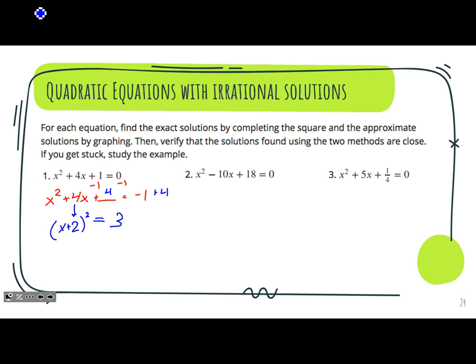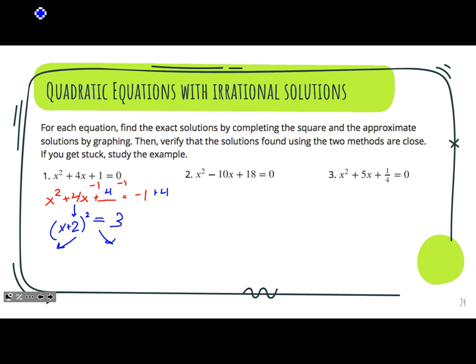Okay, so now let's take this and let's actually come up with the two answers. You're going to write two equations. Now, you have kind of a choice with this. You can write this as a single equation, or you can write this as two equations.